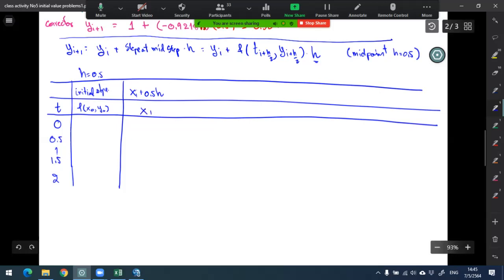I represent it by x1. After that, this is y i, the point where we use Euler to solve the value of y at mid-step.